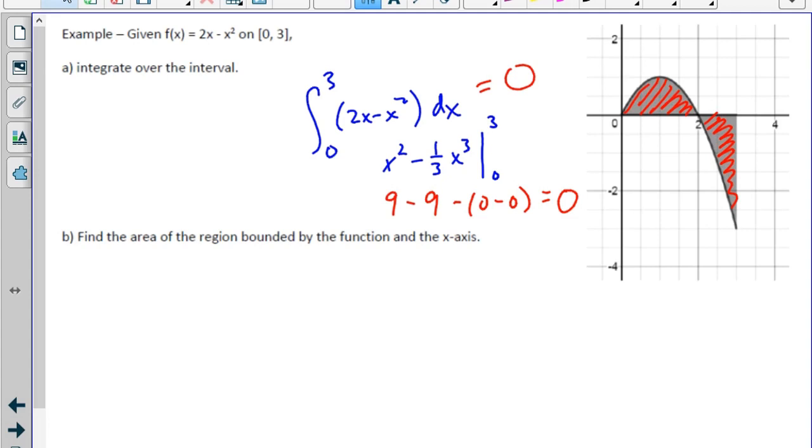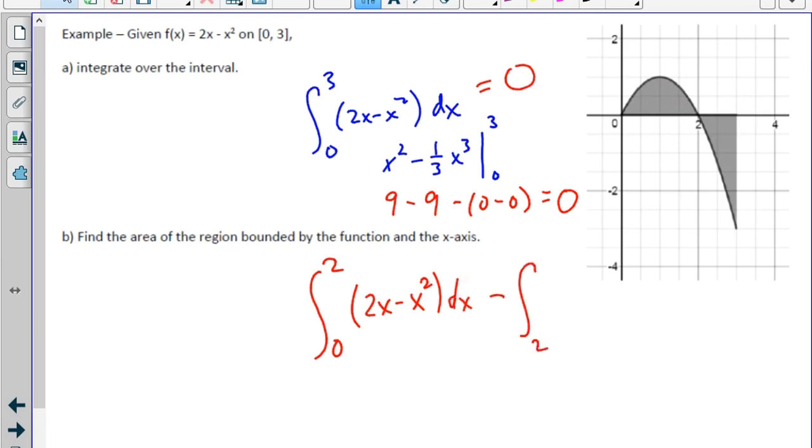So what we're going to do is find the actual area of the region bounded by the function and the x-axis. And the way that we can do that is by integrating from 0 to 2 of this function, and then subtracting the integral from 2 to 3 of this function. The reason we want to subtract it is, remember, we get signed areas.